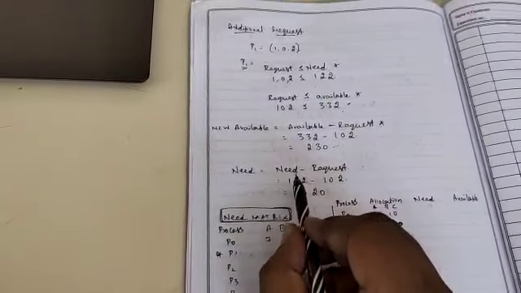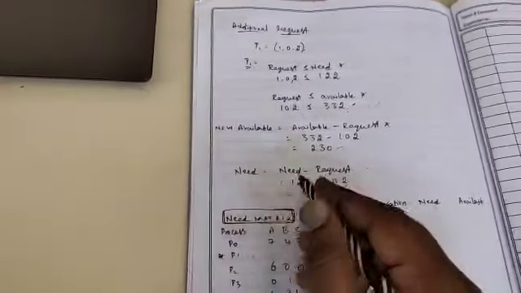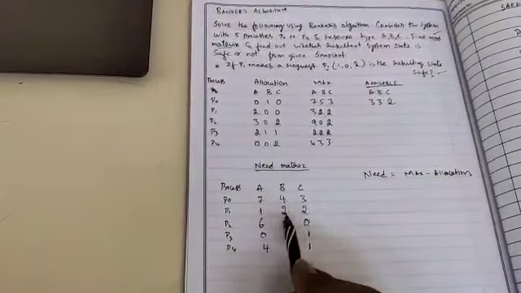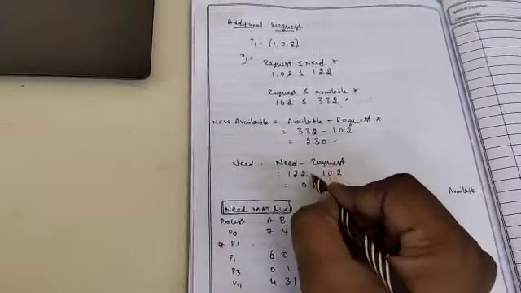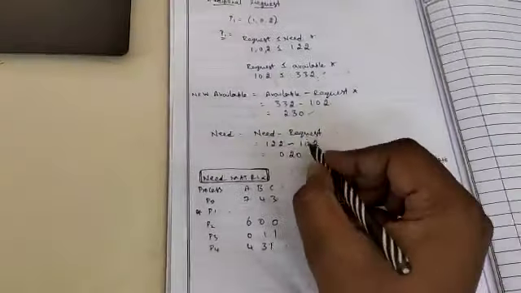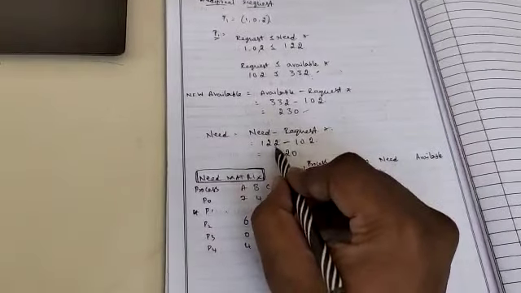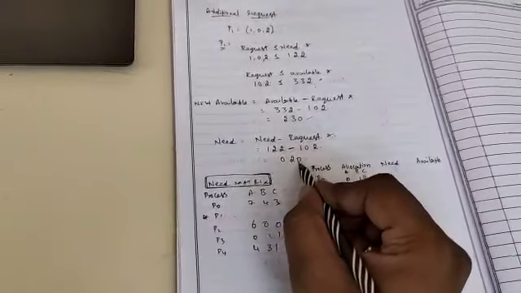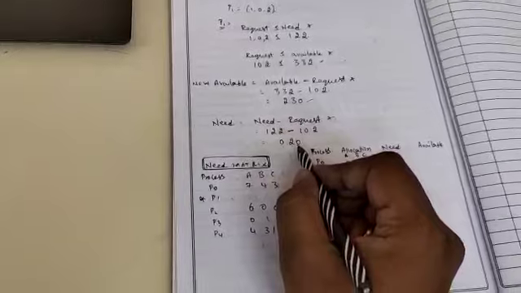Next we need to identify the need of the P1 request. The need of P1 is 122 and the request is 102. With the formula need minus request, we get 020. This is the need for the P1 request.